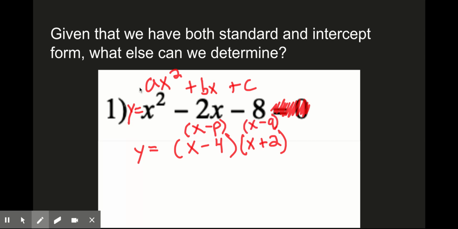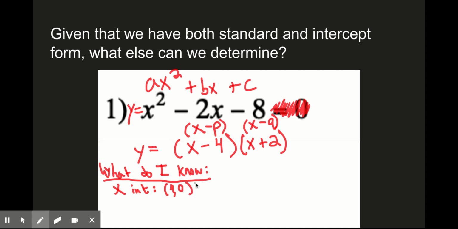So when I start thinking about what do I know, I have the ability to look at both forms and come up with a lot of information. First of all, and most obviously, is what we just solved for, the x-intercepts: (4, 0) and (-2, 0).